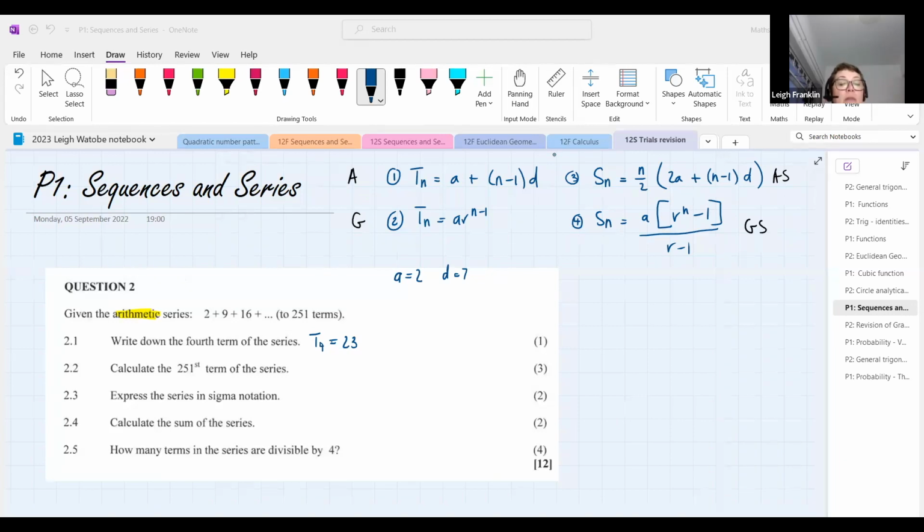Now they want us to calculate the 251st term of the series. So that's the last term of the series. How are we going to do that?